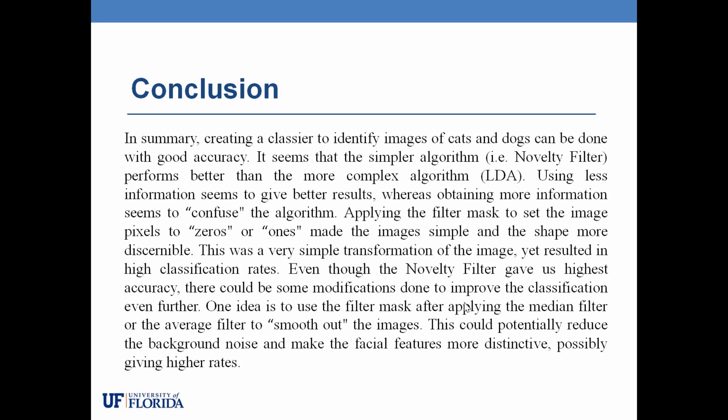Even though the novelty filter gives us the highest accuracy, there could be some modification done to improve the classification even further. One idea is to use the filter mask after applying the median filter or the average filter to smooth out the images. This could reduce the background noise and make the features more distinctive, possibly giving higher rates. This is the end.